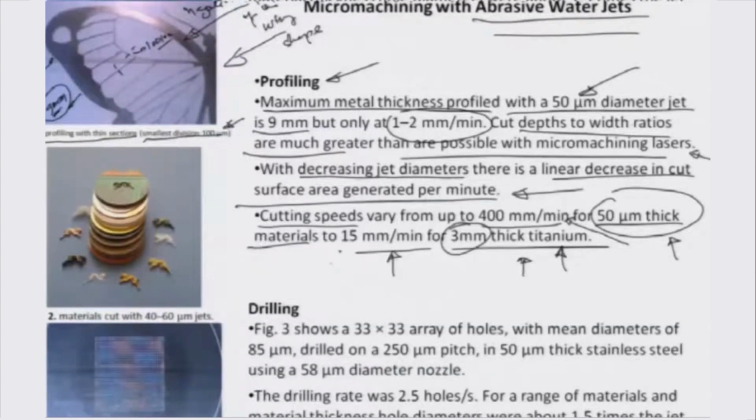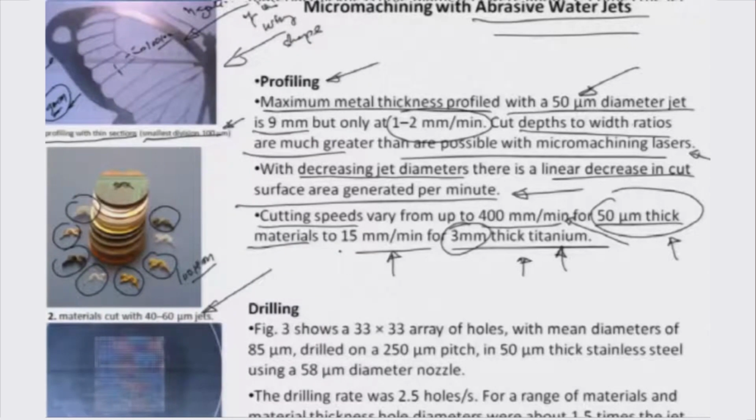Okay. Some other materials cut with a 40 to 60 micrometer jet. This was a butterfly wing. These are these teeny tiny dragons, as you can see here, and the scale is close to 100 microns or so. Okay.